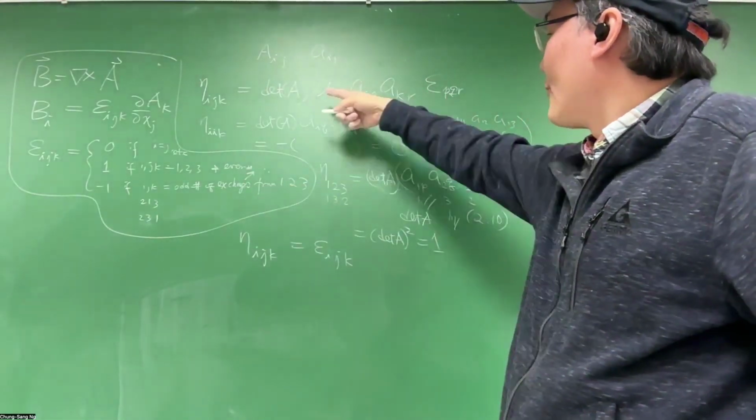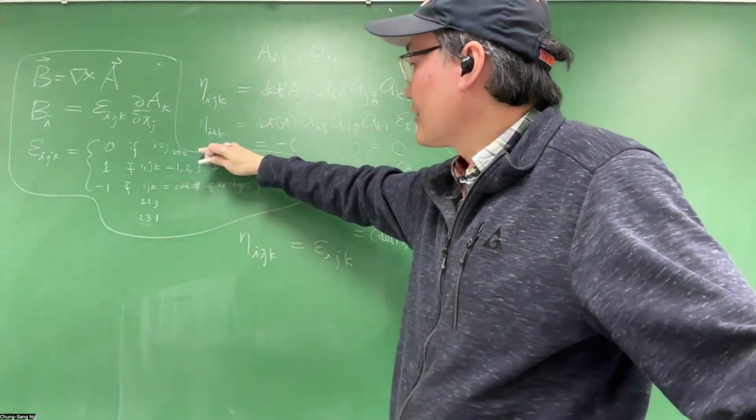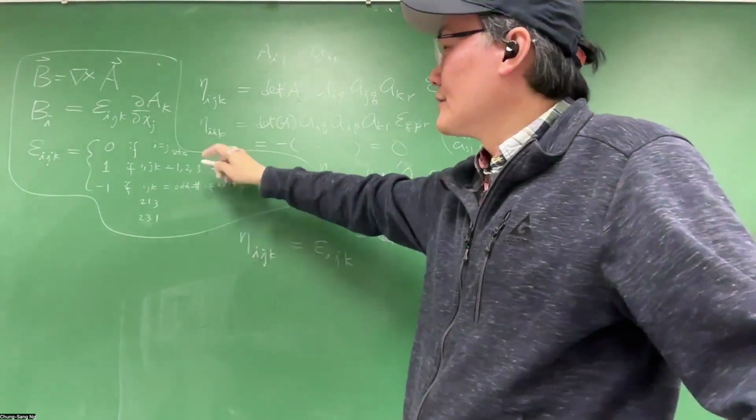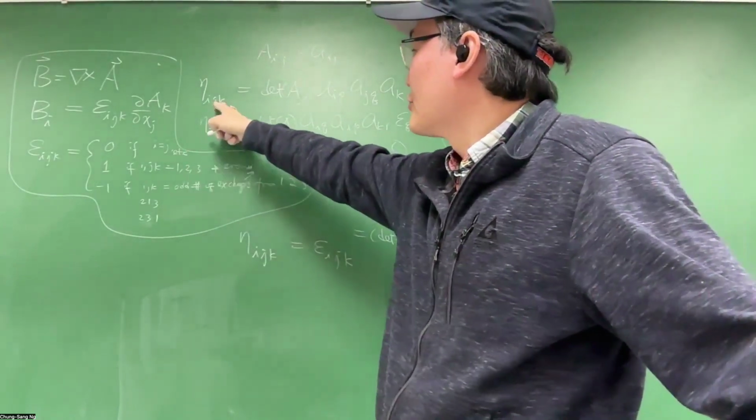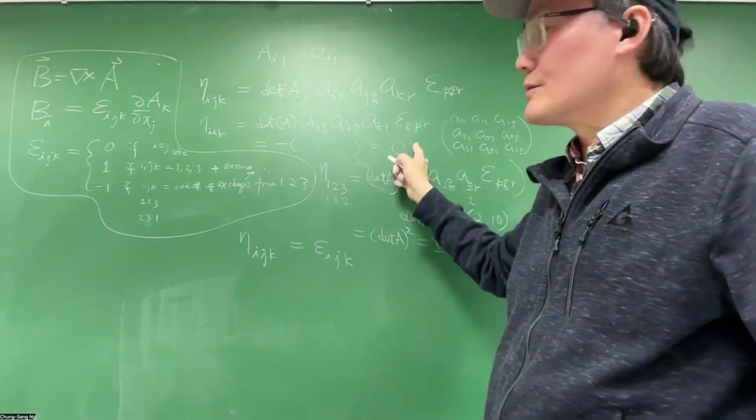Because by this consideration, we checked it satisfies all these lines. Right? If you have 2 repeated indices, this will automatically be 0 by this equation.